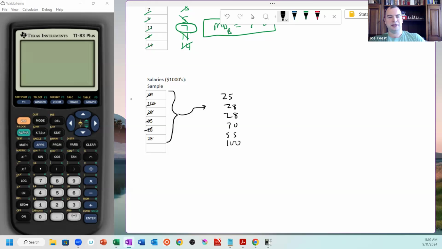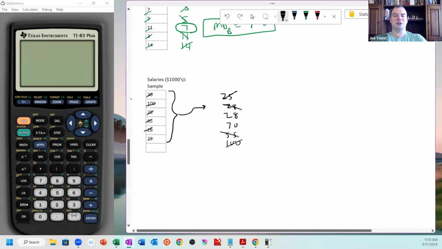Now let me do my same thing as before. I cancel the 25 with the 100, smallest with the largest. I have 4 data points left over. I cancel the next smallest with the next largest. But now I have 2 data points left over. If I keep canceling, I have nothing. If I don't cancel, I have 2 things competing to be the median.